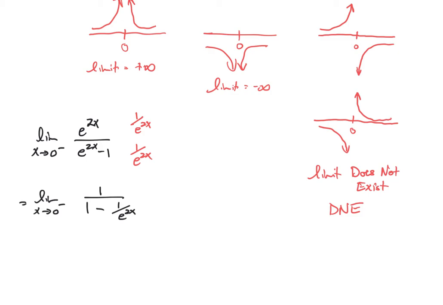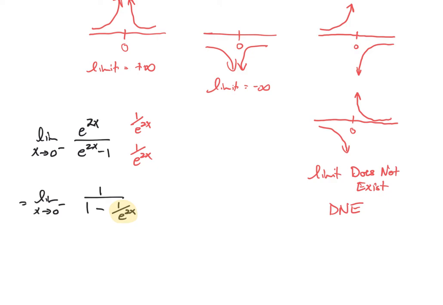And at this point, it really becomes important to look at this term right here, and we're trying to understand what is going on. Because we're coming from the left side, we're plugging in numbers that are a little bit less than 1.